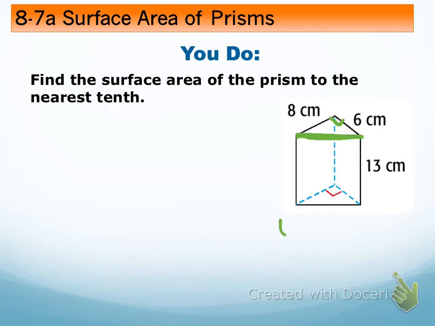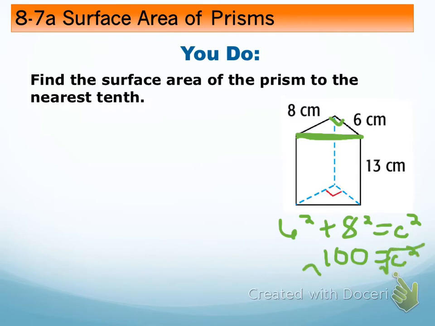So we can use the Pythagorean theorem to do 6 squared plus 8 squared equals c squared, which is going to give me 100 equals c squared. So take the square root, and c is 10. So that's going to be 10 right there. Now you try this one on your own. Pause the recording now.